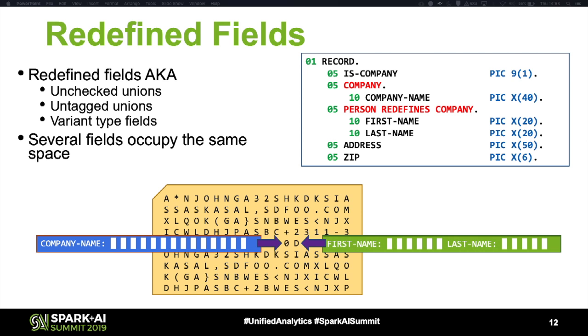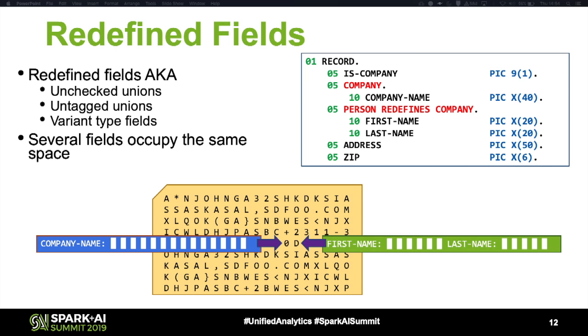So let's take a look at a small example. So imagine we have a database that contains a list of clients, and a client could be either a company or a person, but not both, just for the sake of this example. And you can see in this copybook on the slide that the company name takes 40 bytes, and first name and last name of a person takes 20 bytes each.